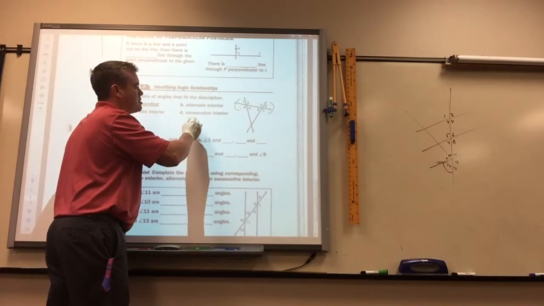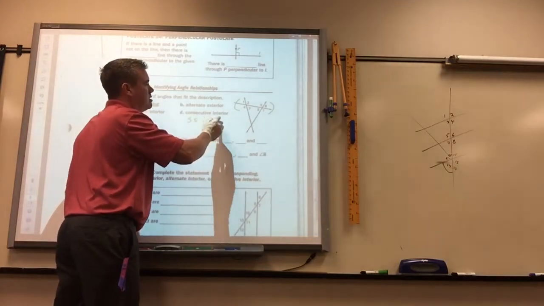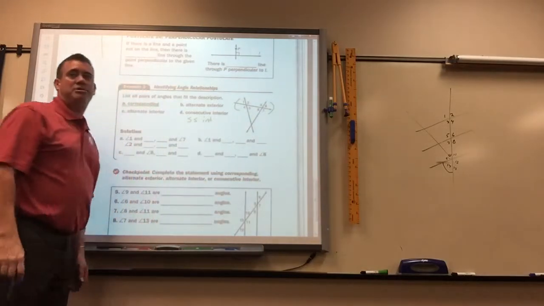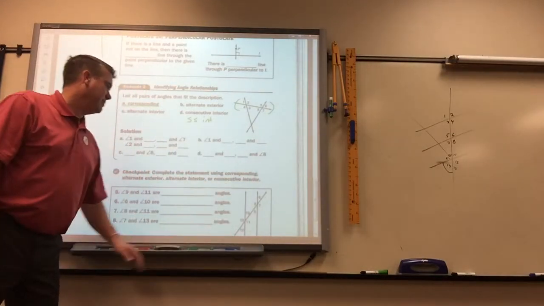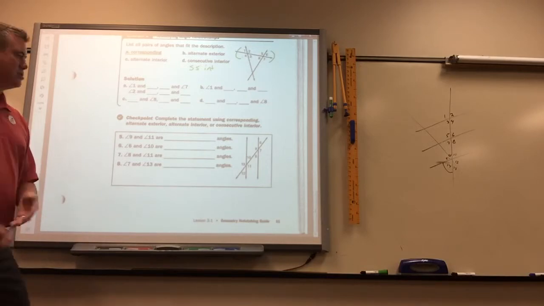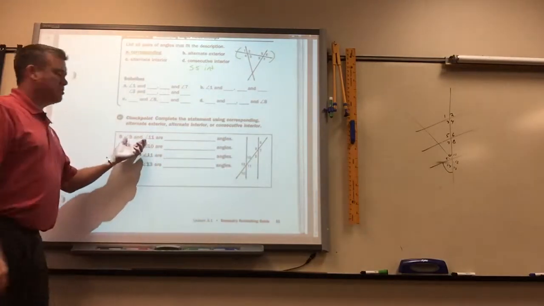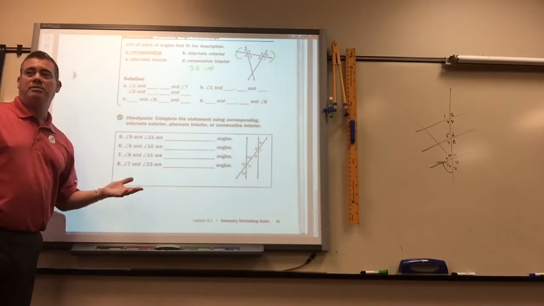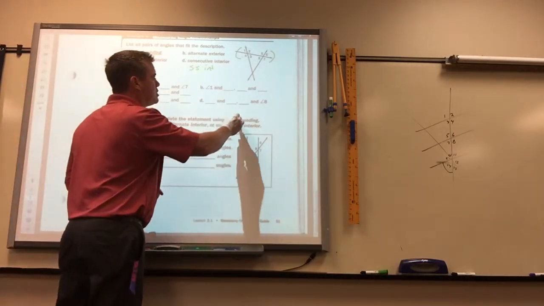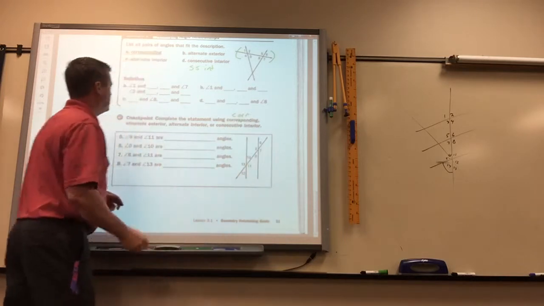Consecutive interior, which is the same as same side interior. 2 and 5 are on the same side, 3 and 8 are on the same side. So that's the other part of your assignment today: you'll have a picture, they'll give you some angles, and you've got to say what type they are. Say whether they're corresponding, which you can just write CORR.